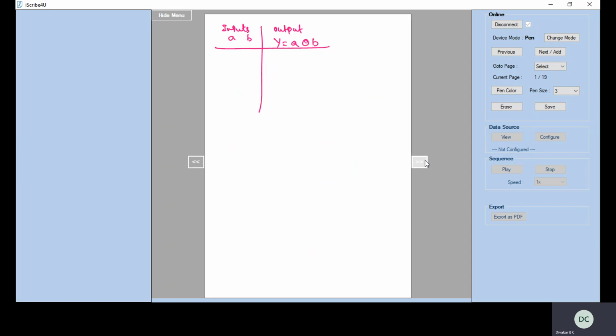That is 0 0, 0 1, 1 0, 1 1. You get 1 0 0 1. So the XNOR gate is also called an equality comparator because when both the inputs are the same, the output is 1.